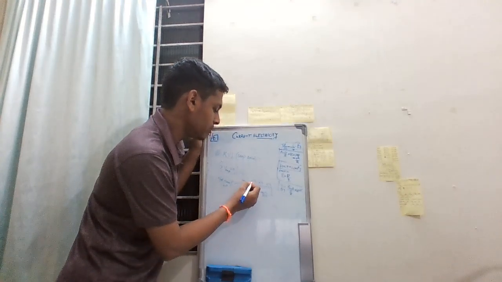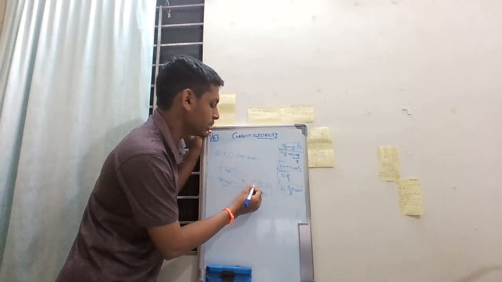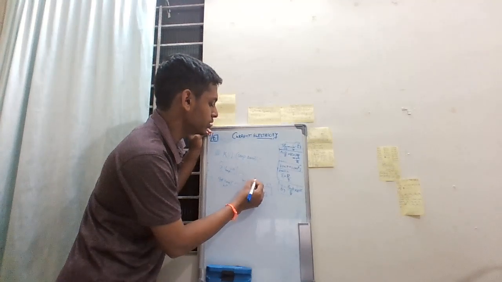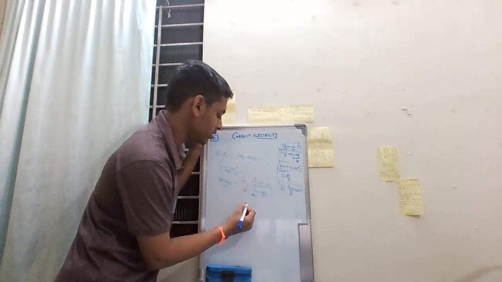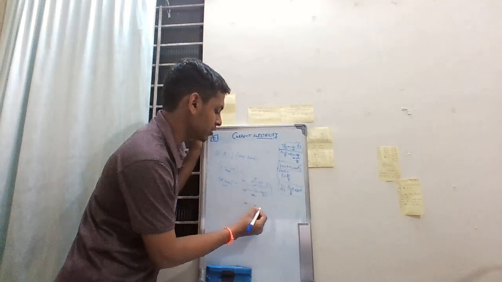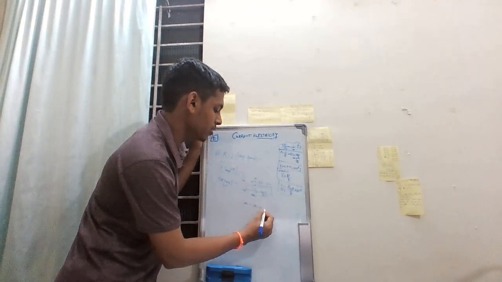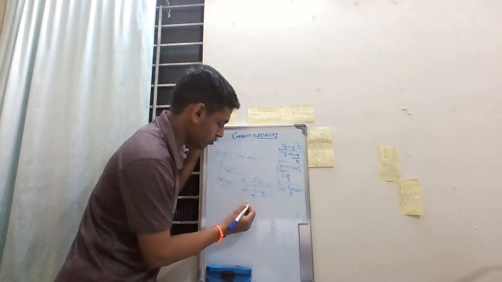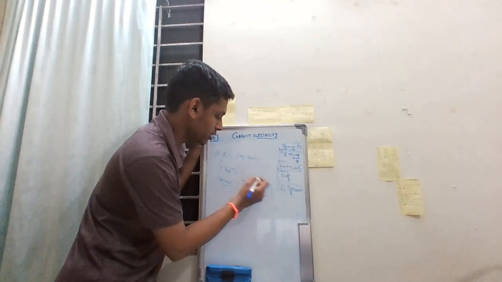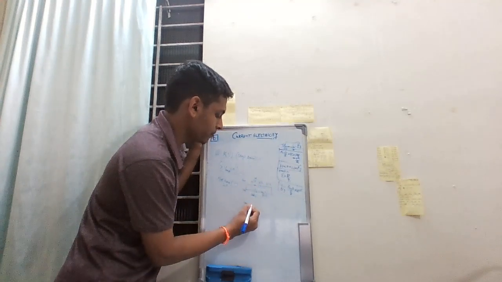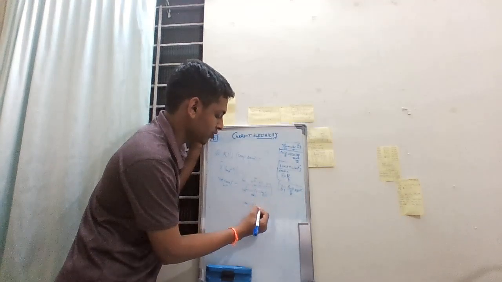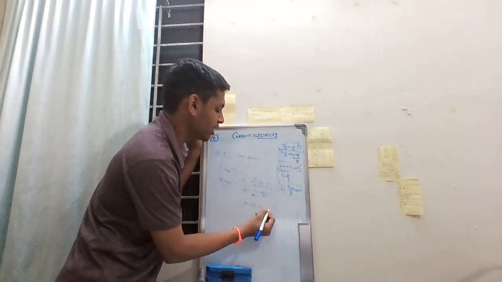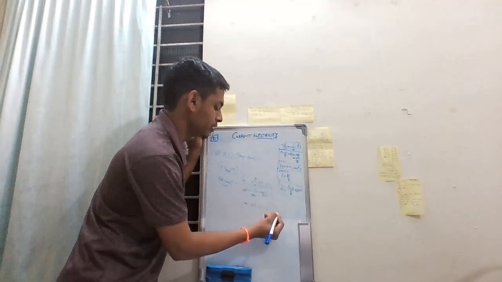So 100, as it acts as a load, this is 100. First we'll write 100 plus 100, minus 10I, minus 10I, minus 10I, minus 2I, minus 3I, minus 5I.